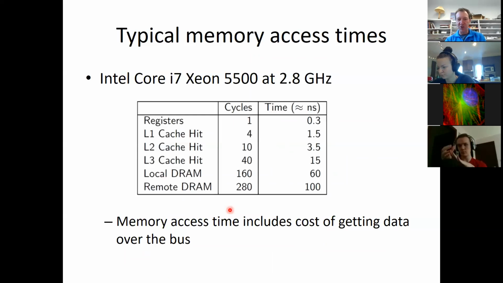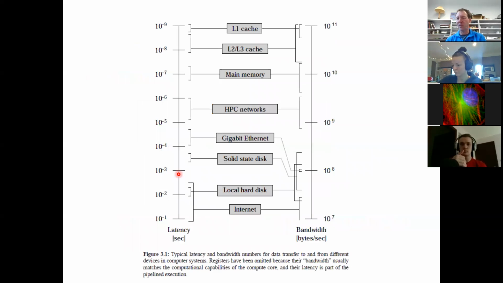Okay, so this is your memory hierarchy within a normal CPU. Of course, you can also extend this to a larger arrangement of memory. On top here, you see the same L1, L2, L3 caches and main memory. But on high-performance computing systems, CPUs are often connected by networks, so you have an HPC network or a gigabit network.